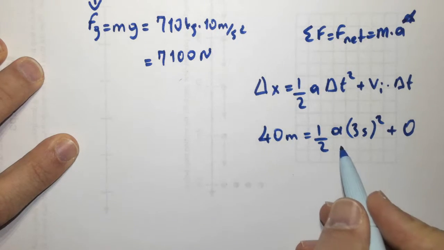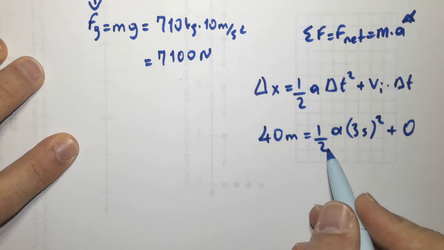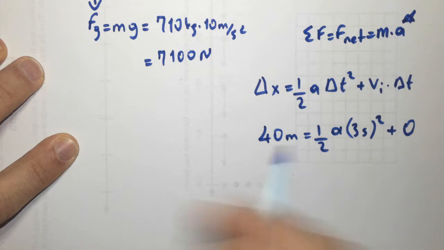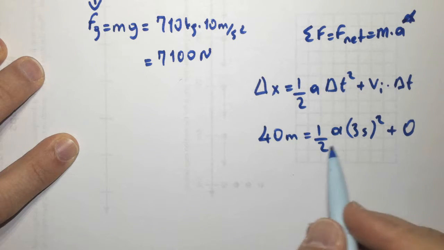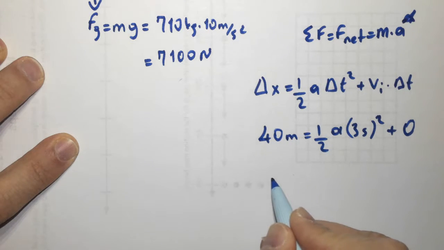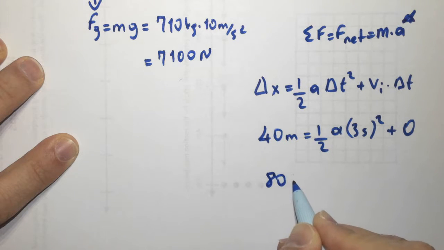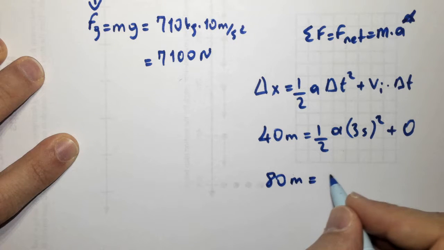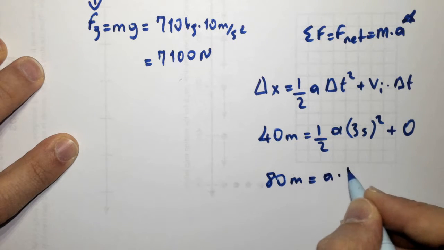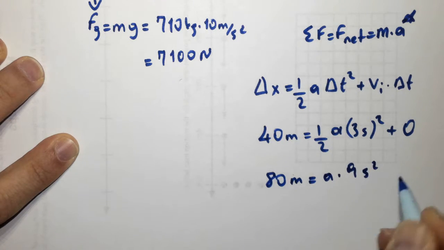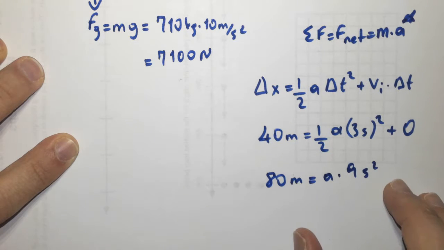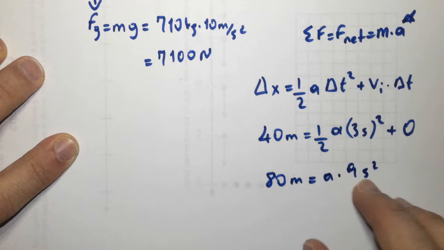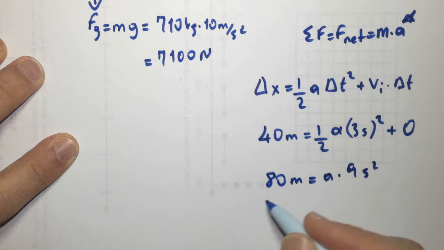Let's multiply both sides by 2. Then it's going to be 80 meters equals a times 9 seconds squared. Let's divide both sides by 9 seconds squared.